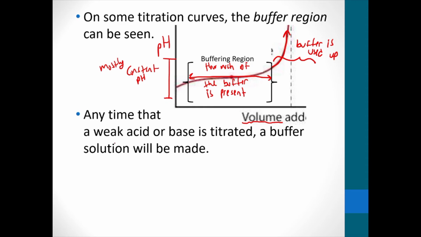Now, like I mentioned here, anytime you titrate a weak acid or a weak base, you create a buffer solution. Because what we're really doing is adding a large amount of weak acid or weak base to something, and then it creates this buffering region.